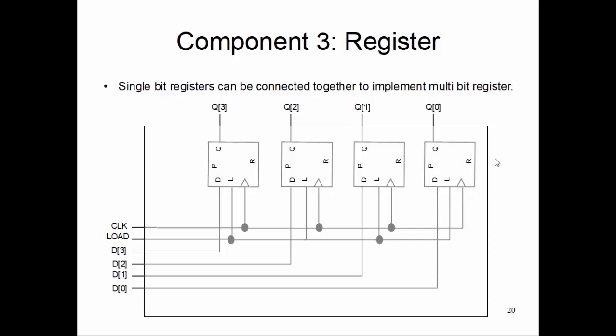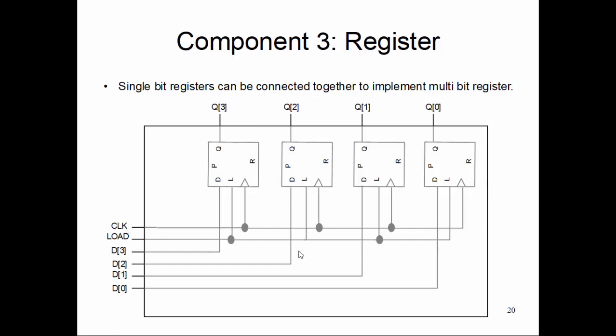It's the same idea. So let's place 4 such registers and mark their outputs as Q0, Q1, Q2, Q3. They go from LSB to MSB. We just put them in that order. They share the same clock. They share the same load signal.